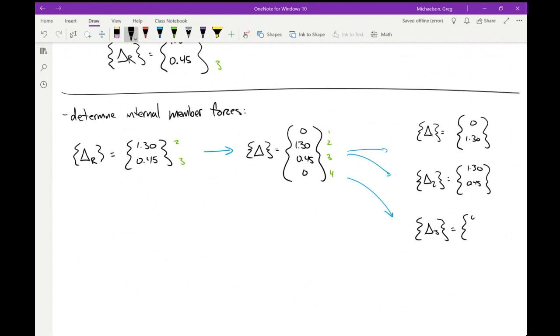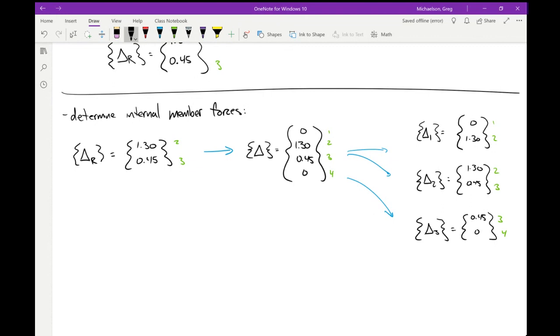Element number 3 goes from 3 to 4. I'm just using those member codes. Everybody see what I did there? That little 1 there on that one subscript was kind of difficult to see. So that's a displacement vector for each of the elements in the system.